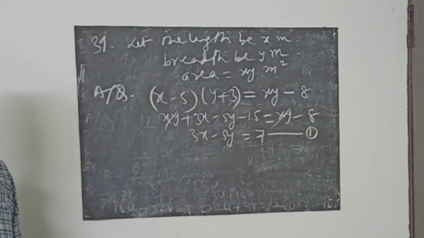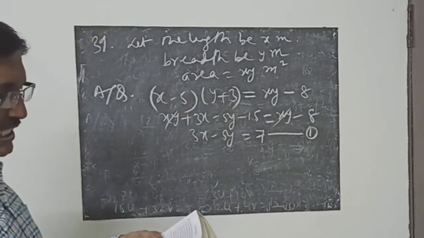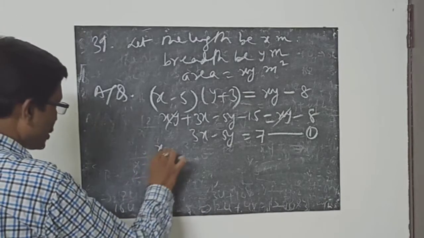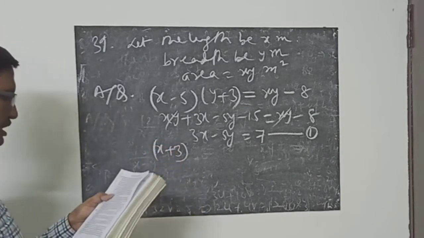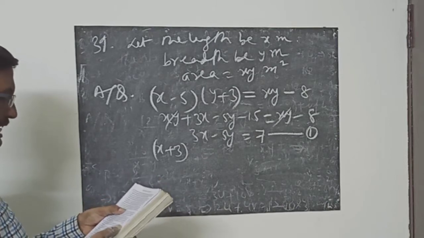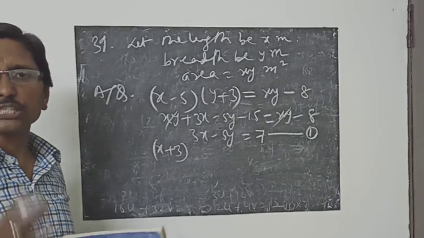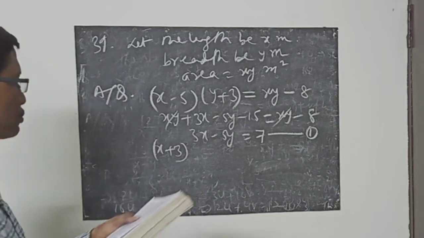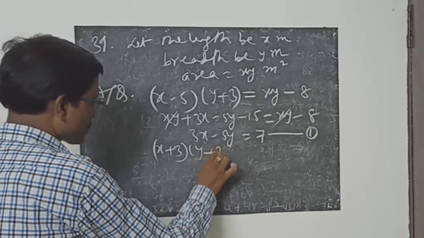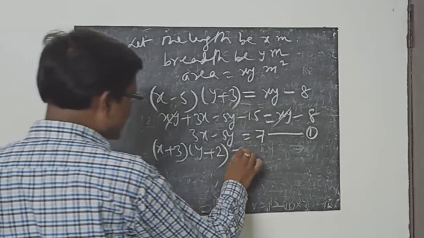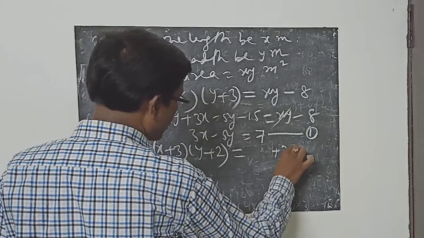First equation you got. And the second condition is, if we increase the length by 3 meter, new length becomes x plus 3, and its breadth is also increased by 2 meters. That means new breadth becomes y plus 2. Then the area increased by 74 meters square.